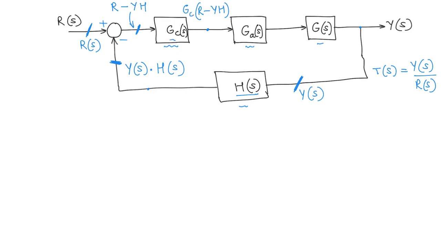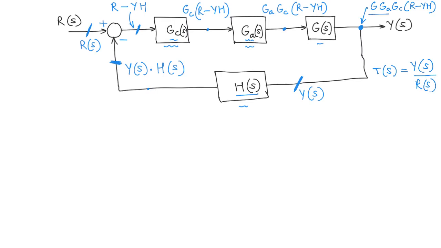Gc, which is the transfer function of this system. Then you have another transfer function Ga, so the output at this point is going to be Ga times Gc times (R minus YH). And so the value at this point for the signal is going to be G times Ga times Gc times (R minus YH).